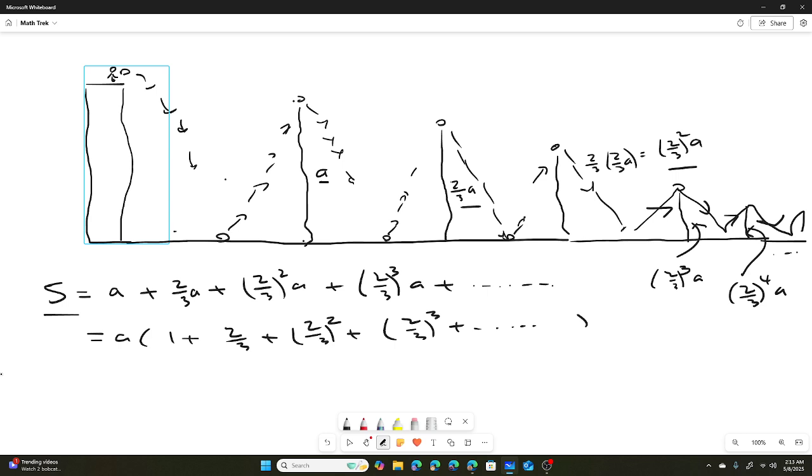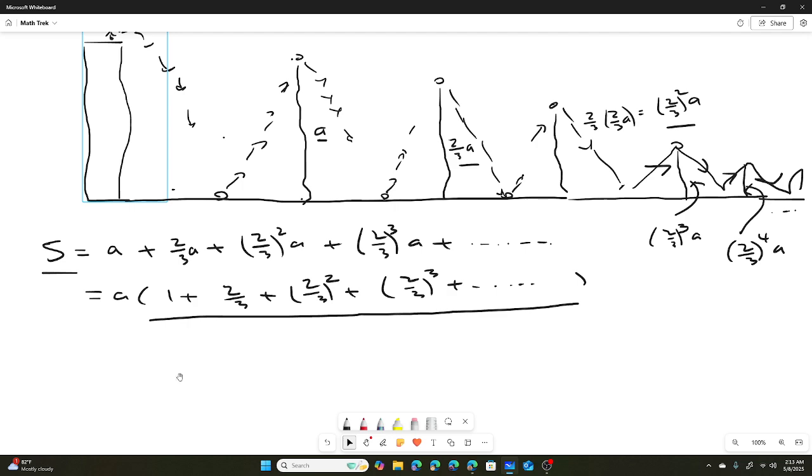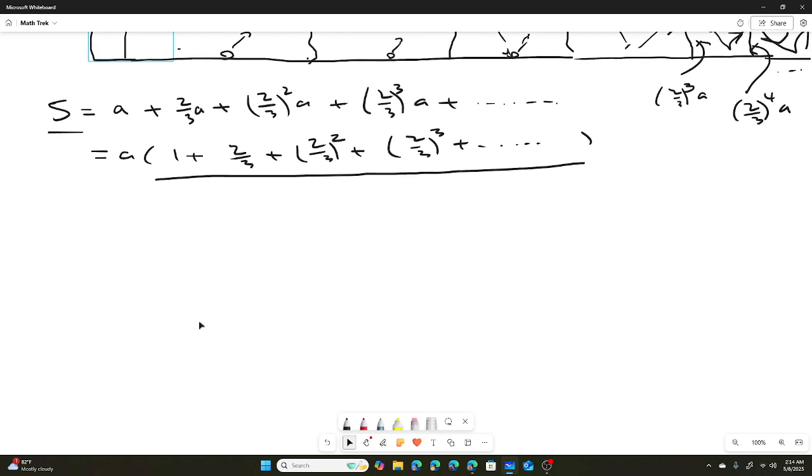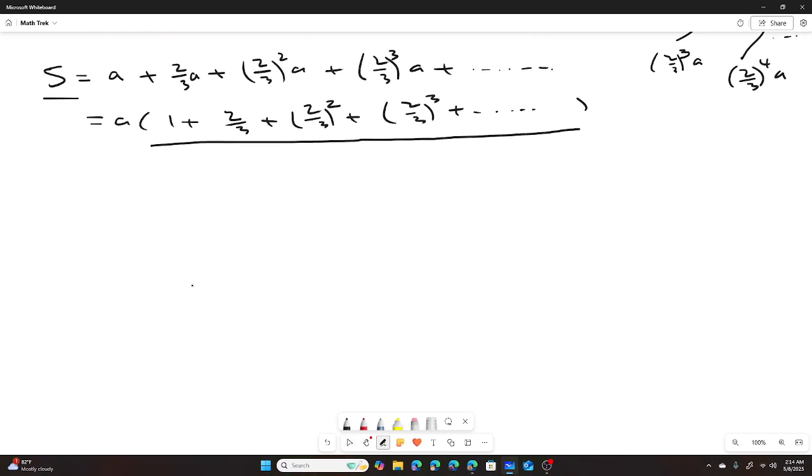We need to find the value of this. So we're trying to find the value of S for a given a.